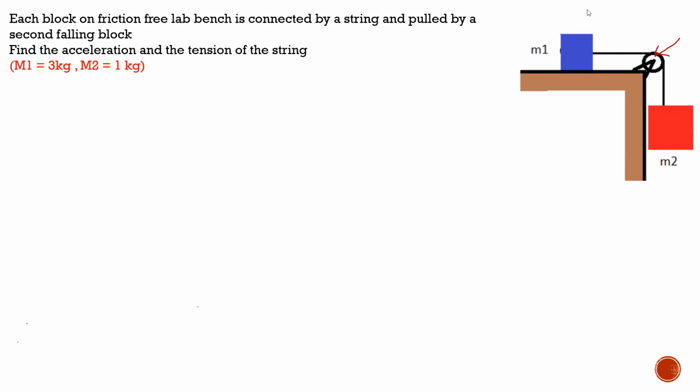Here now, each block on a friction-free lab bench is connected by a string and pulled by a second falling block. Find the acceleration and the tension of the string.